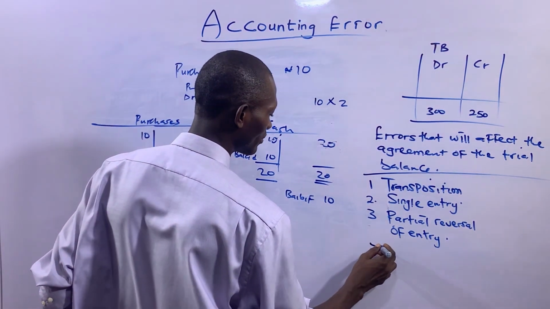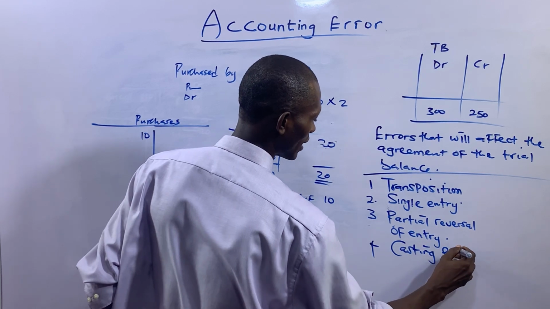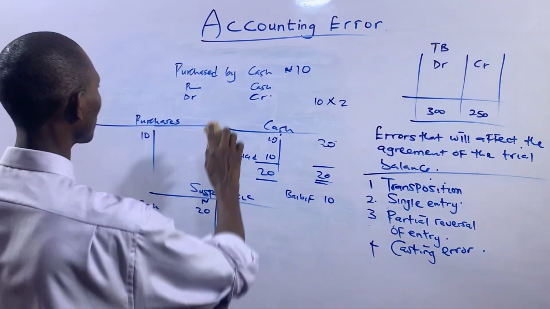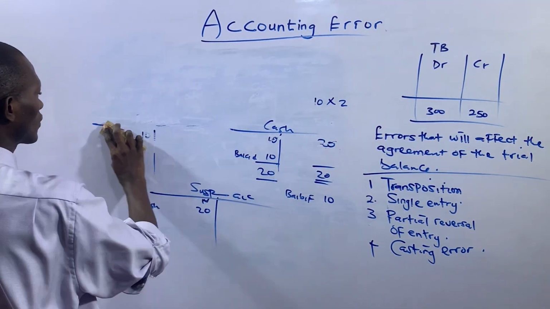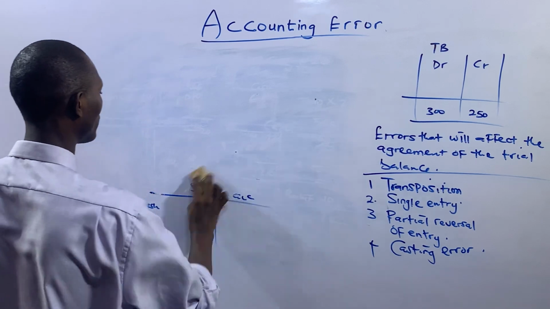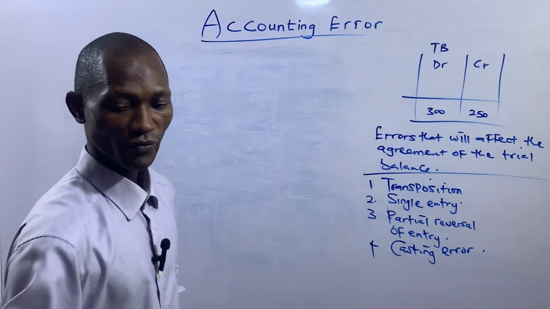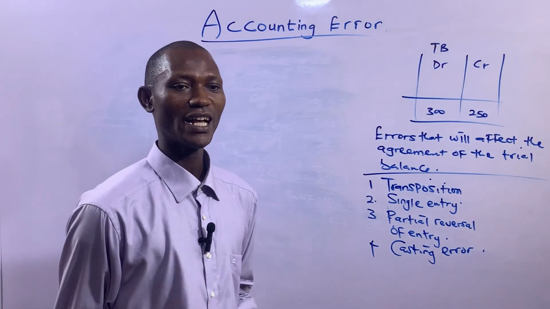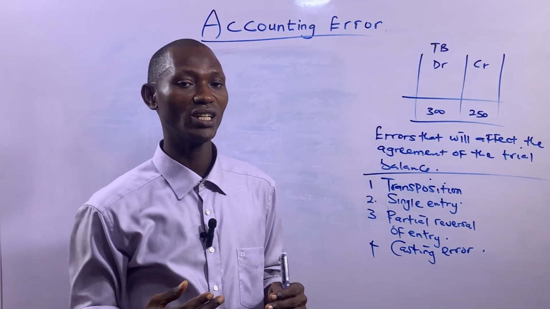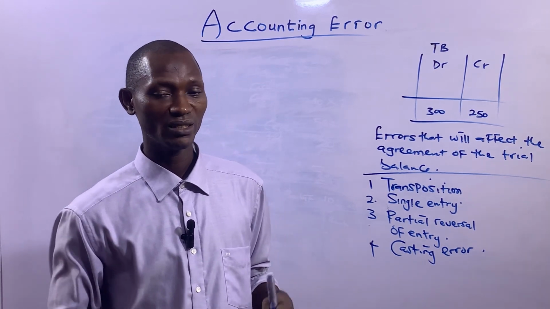Then four, now we have casting error. Let's talk about that. From the word casting, casting means either you have increased the figure which ought to have been recorded, or you have decreased the figure which ought to have been recorded.